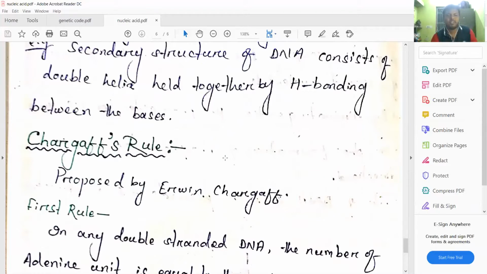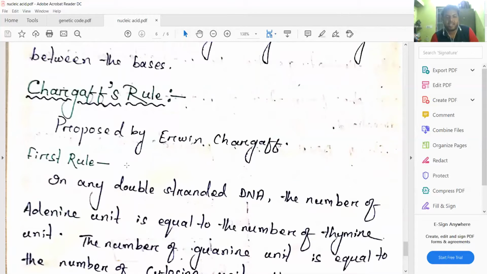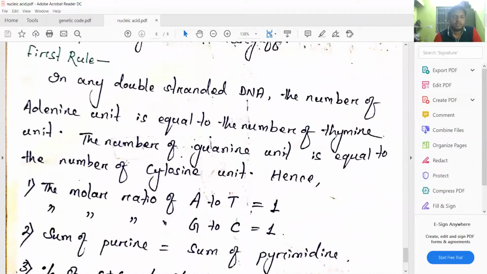Then coming to Chargaff's rule, which states that the sum of purines is equal to the sum of pyrimidines. It was proposed by Erwin Chargaff. The first rule is that in any double-stranded DNA, the number of adenine units is equal to the number of thymine.